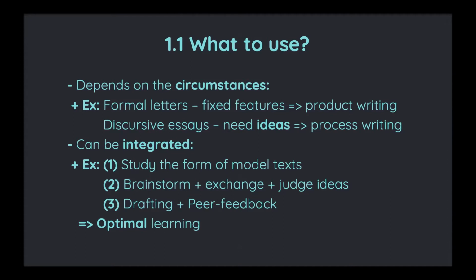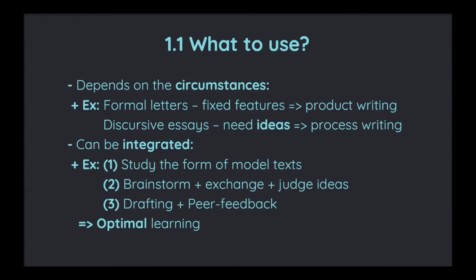Of course, they can also be integrated. For example, in writing discursive essays, in the first step, students can study the form of the model text. They will dissect how many parts, how many paragraphs are there, and then what those parts represent.